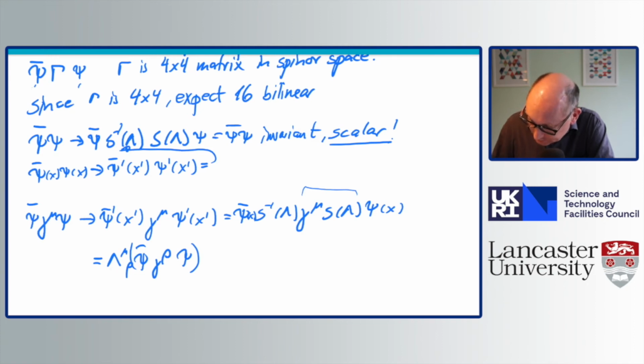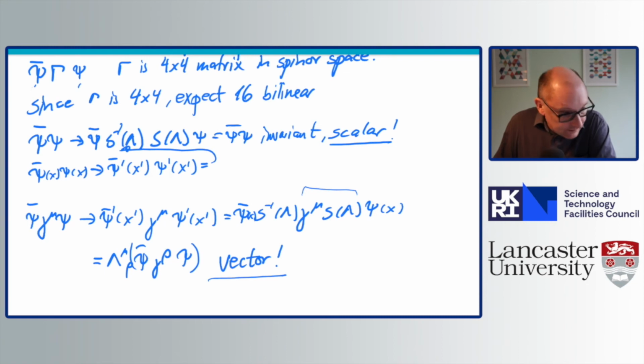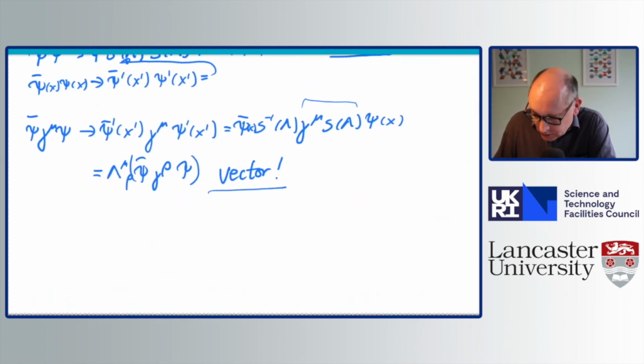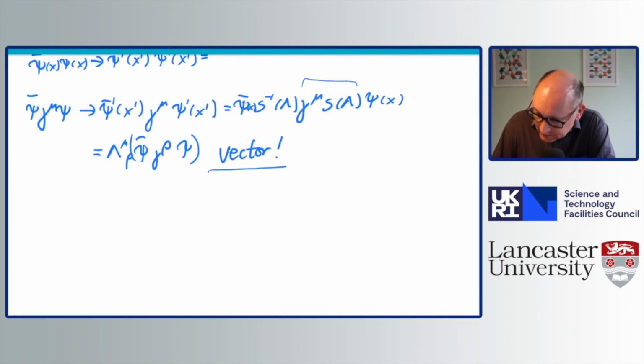So this is a vector transformation. So ψ̄ γ^μ ψ is actually a vector.